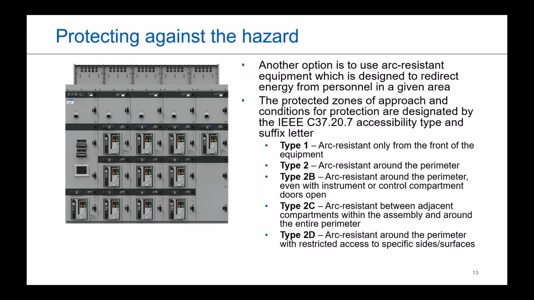If someone has to do energized work, for example, maybe they've got a circuit breaker racked out, maybe they're in the back dealing with the cable compartment, either way something is open, and that arc resistant protection isn't going to help you, because it's designed only to protect when it's fully sealed and can redirect that energy internally out and away from the folks that may be around it.